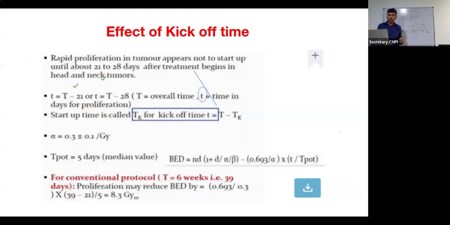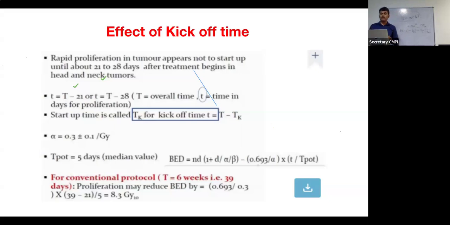Normally it is either 21 days or 28 days. So if the course of the treatment finishes within 5 days or 10 days, you don't need to consider this term in your BED, because you are going to finish before the tumor proliferation happens.